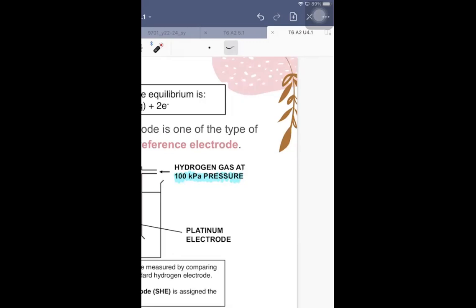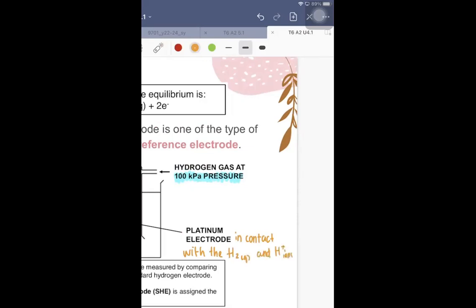So to write that down: the platinum electrode is in contact with the hydrogen gas and hydrogen ions.